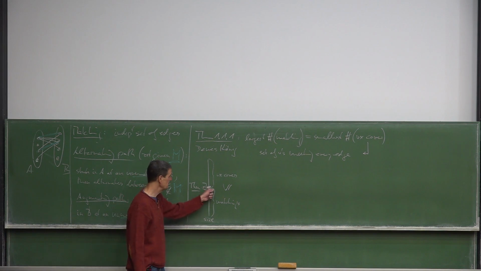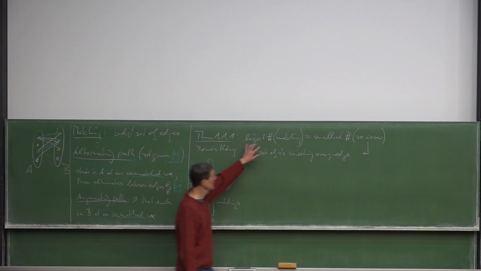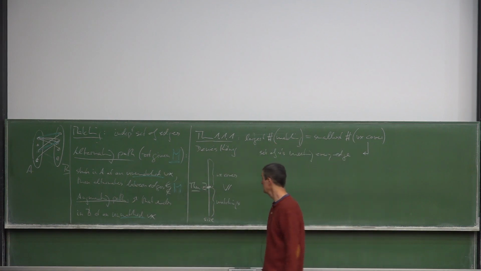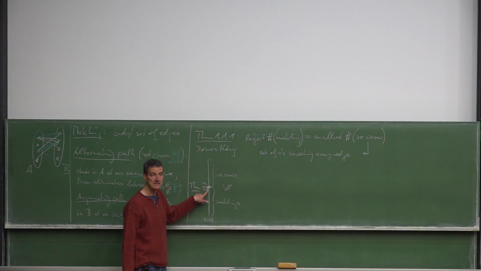There exists a number that is the size of some vertex cover, and that is also the size of some matching. And if it is, then obviously it's the largest size of any matching, and it's the smallest size of any cover, by this trivial inequality here. So the existence of this is really the theorem.